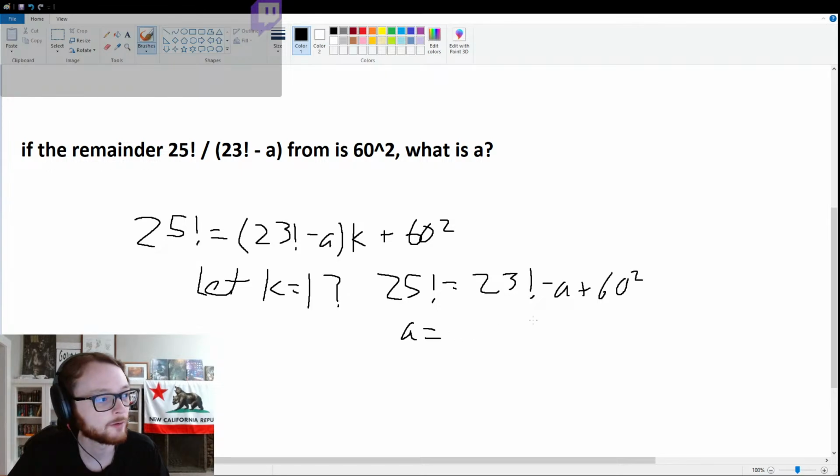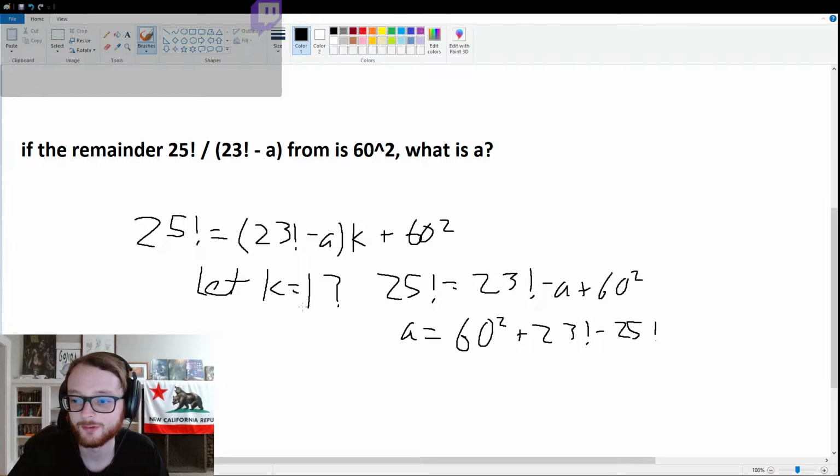So a here is, it feels like there should be some kind of trick that's not going to involve calculating 60 squared plus 23 factorial minus 25 factorial. But just for the sake of argument, let's put that into a calculator and see if it is a right answer.